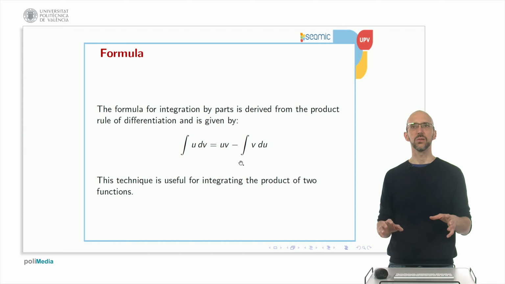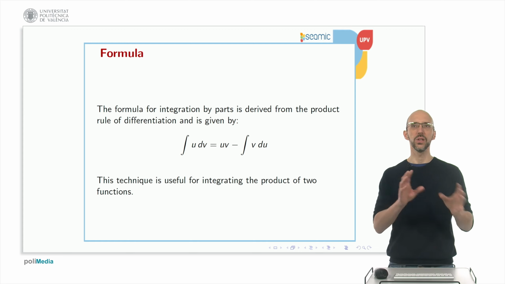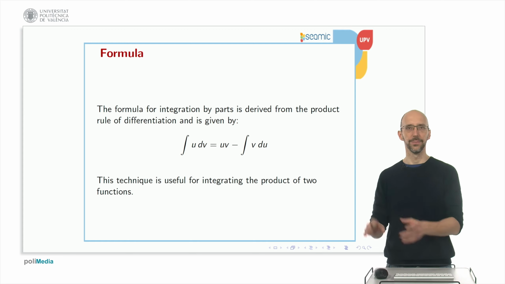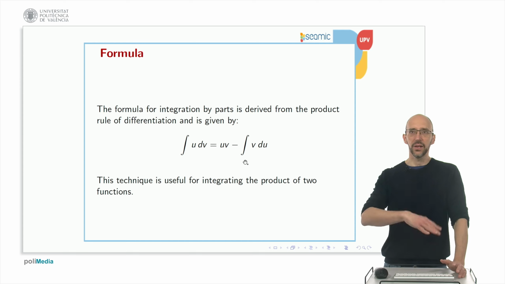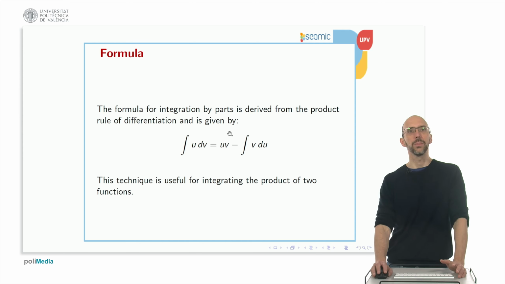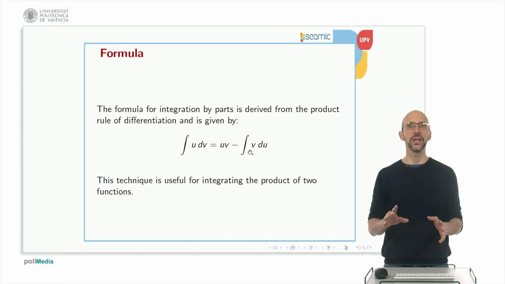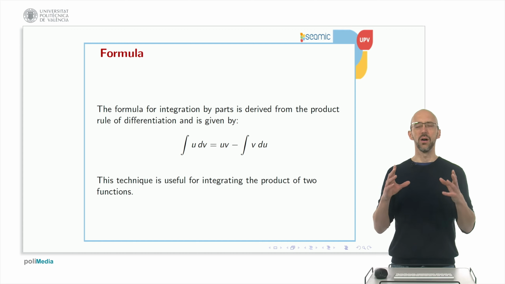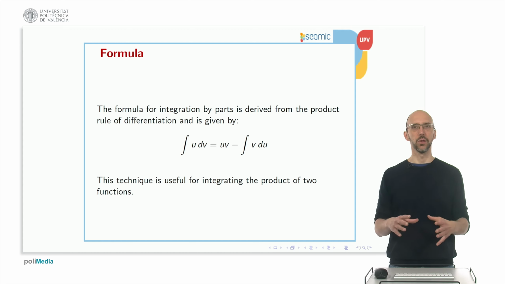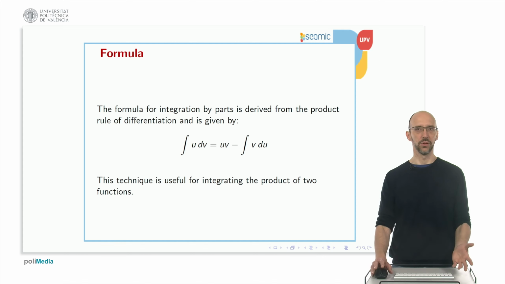So the idea is just to identify which one is going to be u and which one is going to be dv. And then we integrate and calculate the derivative in order to apply this formula. Remember that this formula is very easy to obtain from the derivative of a product. It's not a really complicated formula.